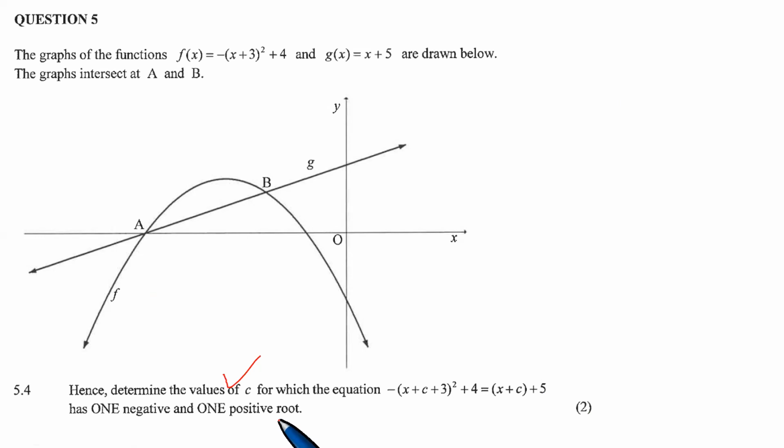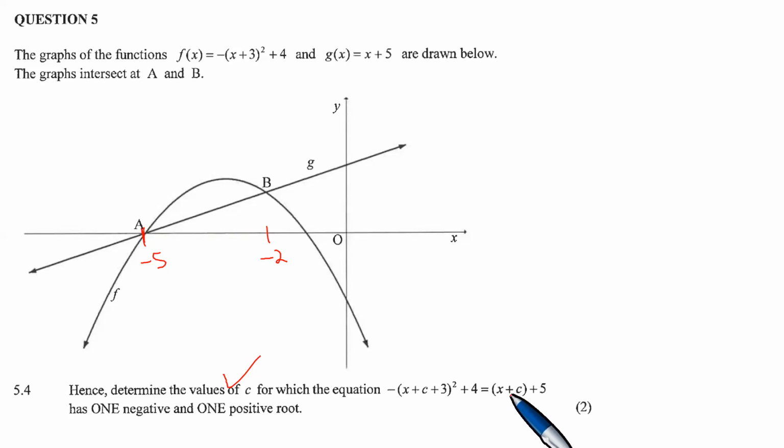Because this here means the two graphs are equal to each other. When are the two graphs equal to each other at this point? See, they're equal to each other at some x value. We saw that at the point of intersection, this is -5, and we saw that this is -2. But what is the value of C at this point for which these two functions are equal to each other?